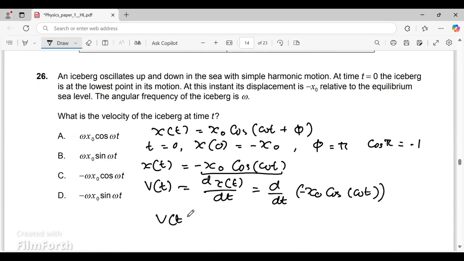So v(t) equals x0 omega sine omega t. Yeah. And this one.